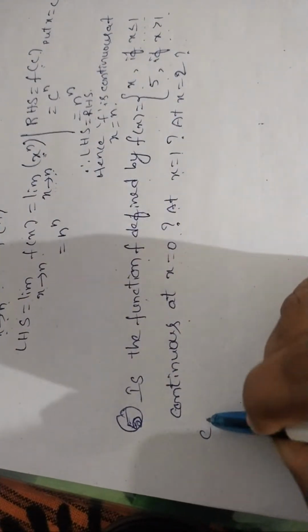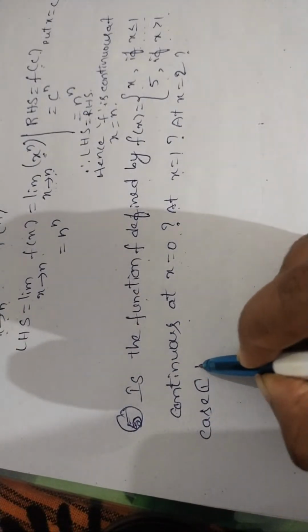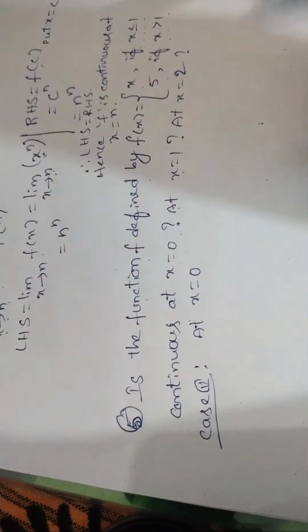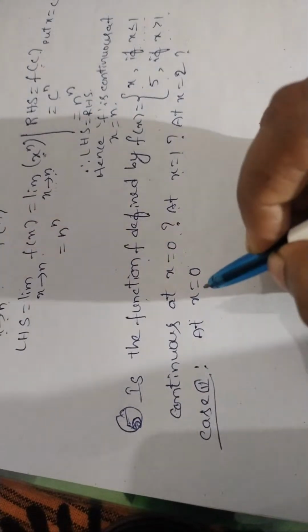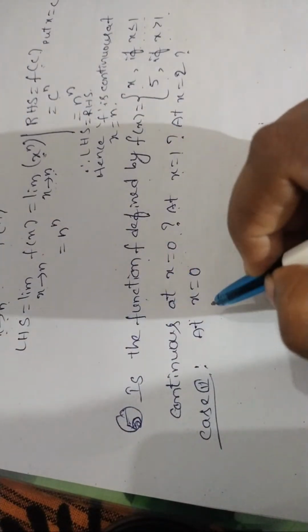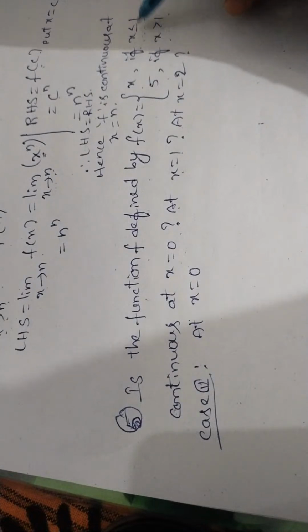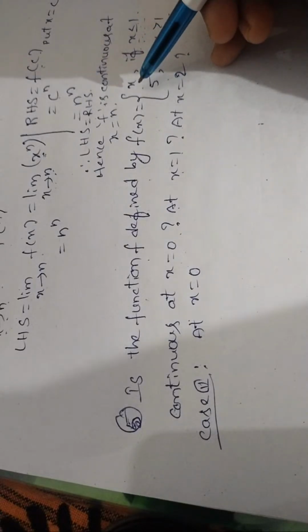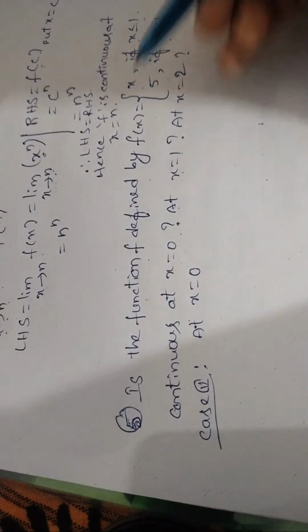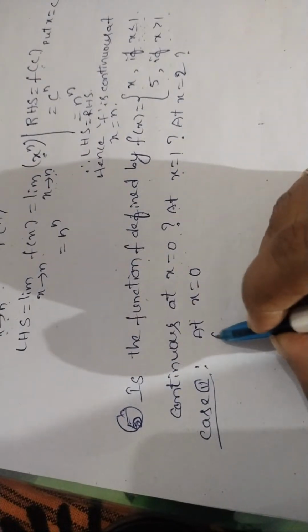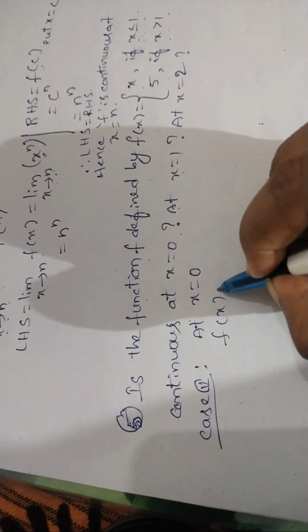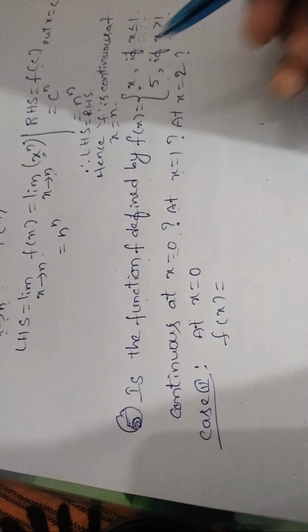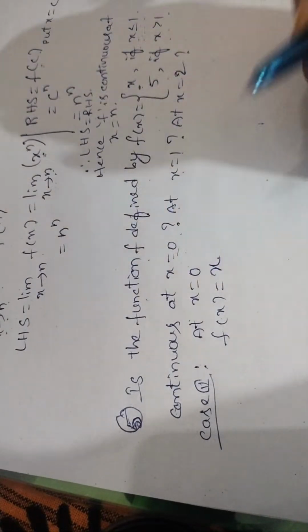So I will take case 1, at x equals 0. Where is 0 in the cases? 0 is less than 1, so at that time the function is f of x equals x.